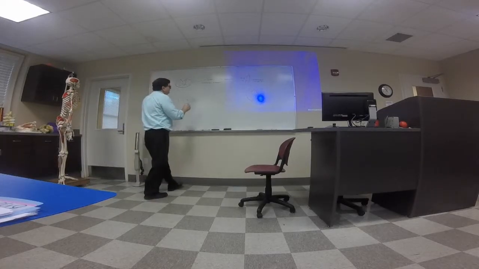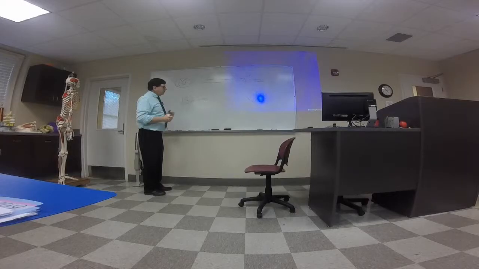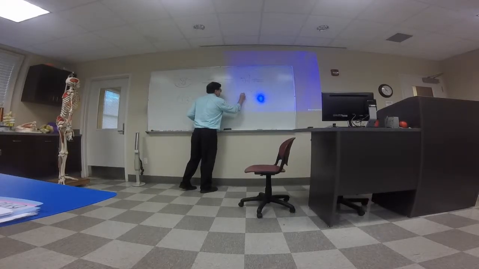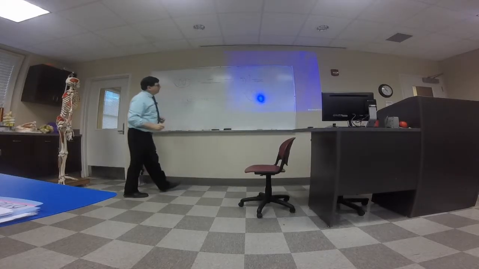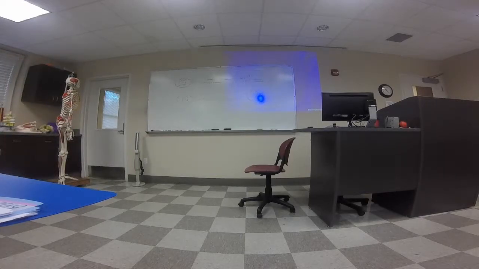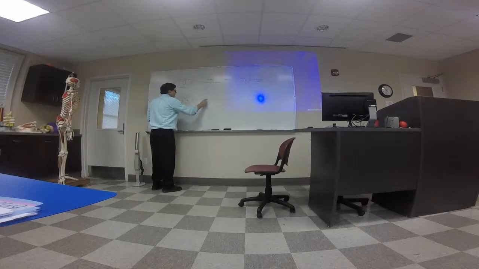That axon is then going to synapse with a second neuron, whose axon will continue all the way to the effector. So if we're talking about the autonomic nervous system, the pathway that extends from the spinal cord to the effector is actually a two-neuron pathway. Now, it's never simply two neurons.